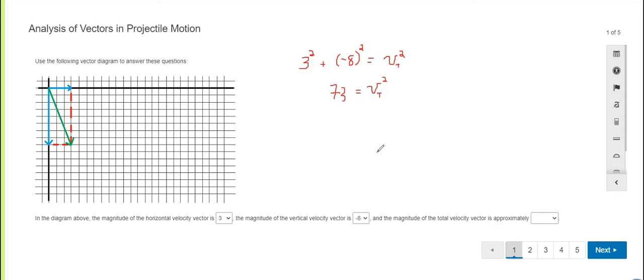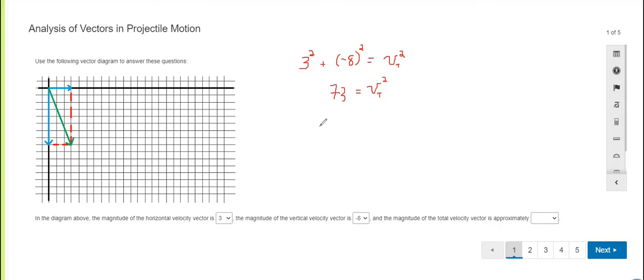On my handheld calculator, negative 8 squared gives you 64, and 3 squared is 9. 64 plus 9 is 73. So I'm going to take 73 and take the square root of that.